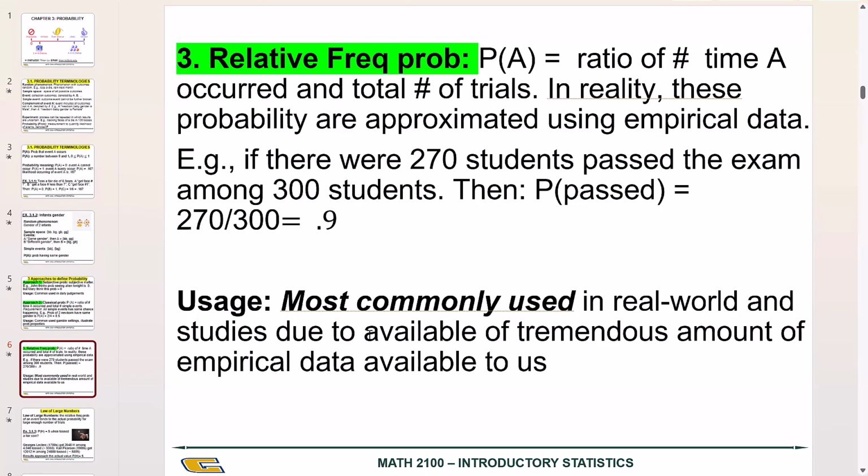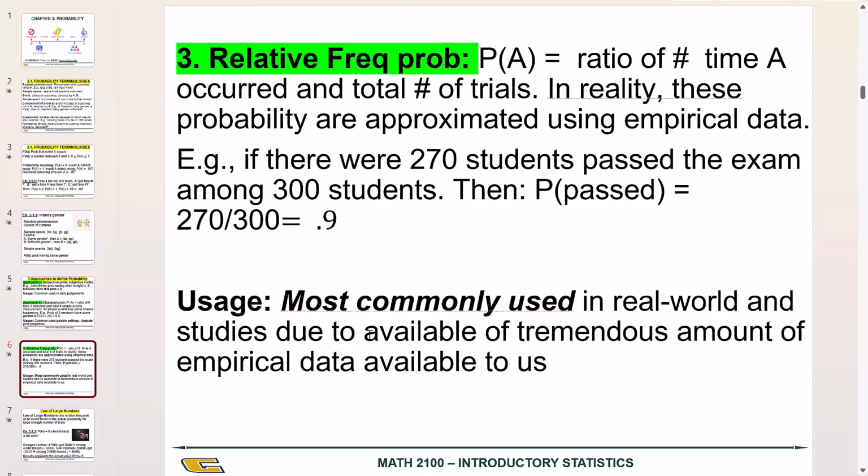And this works if you can repeat the trial many times. But in reality, often the approximation comes from empirical data. So for example, if you care about the probability of a student taking my class in Math 100 and passing this class.